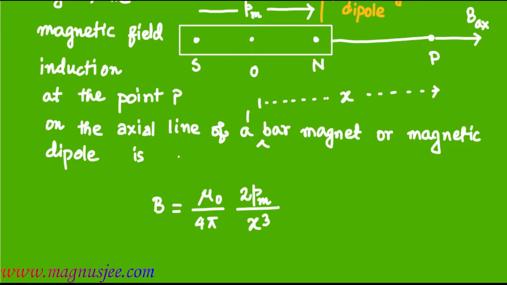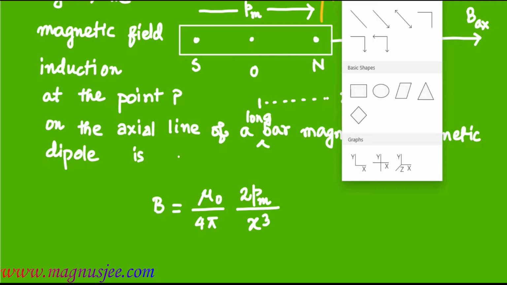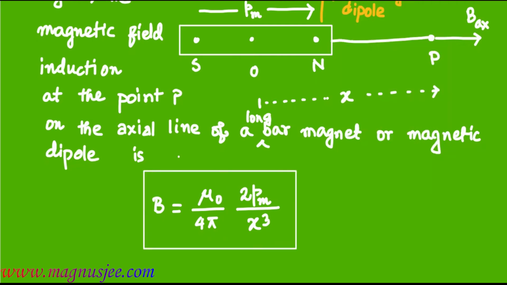Equation 3. And it should be a long bar magnet, not only bar magnet, it should be a long bar magnet or long magnetic dipole. So this is the expression of magnetic field induction: B_AX equals μ0 by 4 pi, 2 Pm by x cube. Equation 3, where Pm is the magnetic dipole moment of the bar magnet.